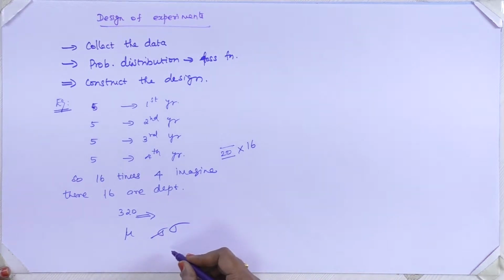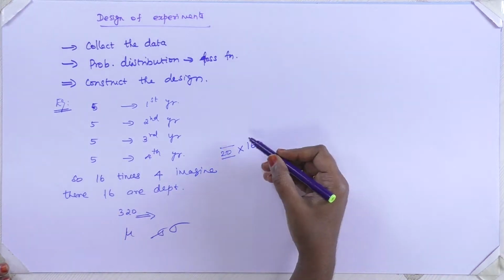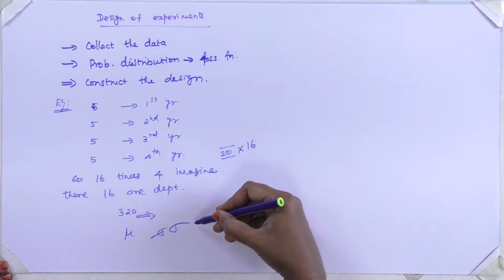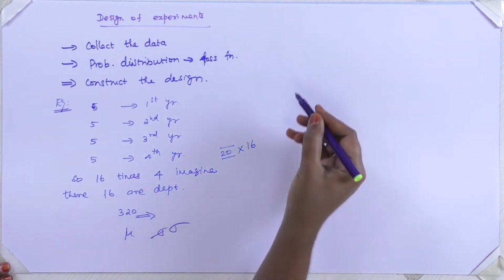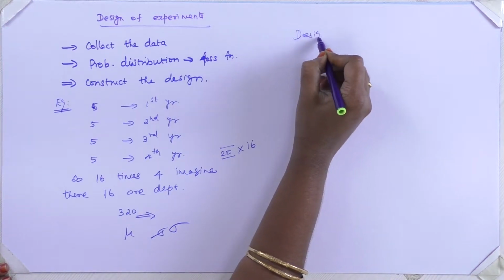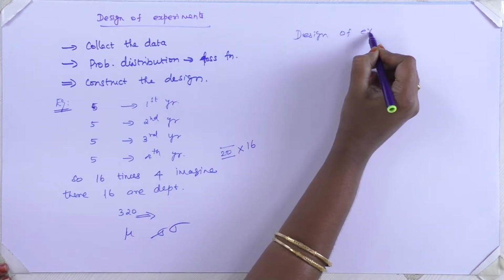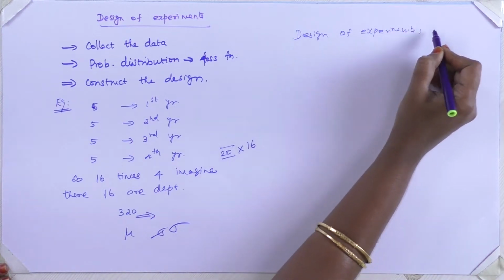Without knowing mu and sigma, we can't solve the normal distribution. Creating this data and obtaining these parameters, that is, our statistics, follows the design of experiment.